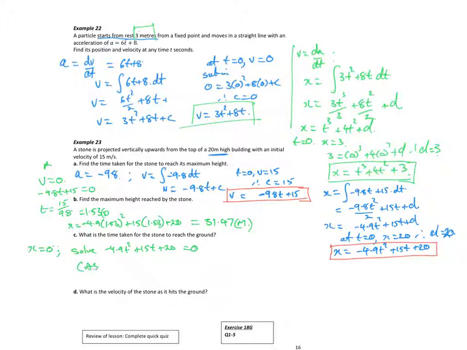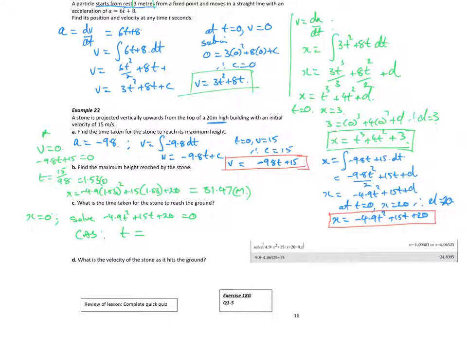So solve on the calculator will give me t is equal to. So we can see there from our CAS printout that t is equal to negative 1 or t is equal to 4.07. So we can see there that it will take 4.07 seconds to get back down to the ground.